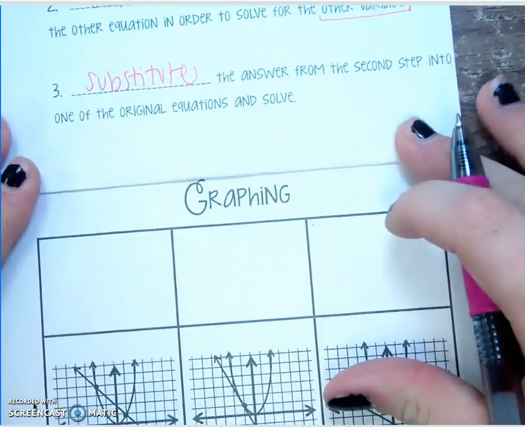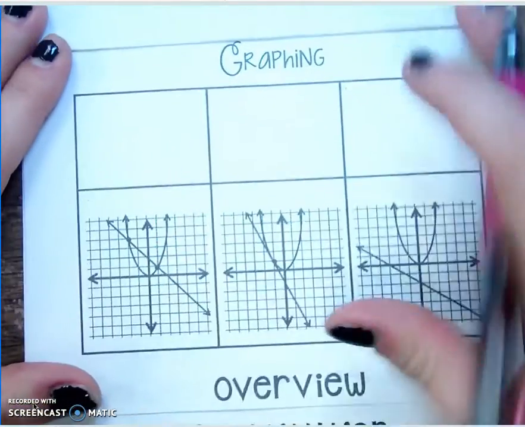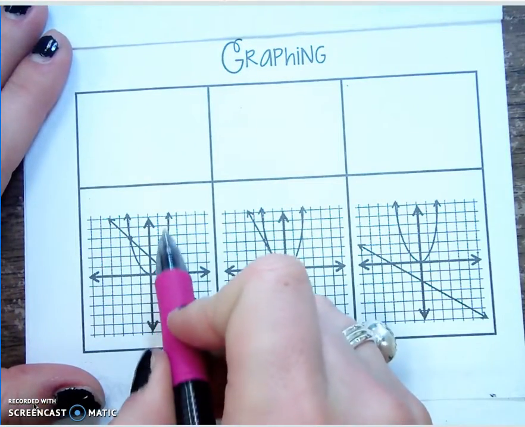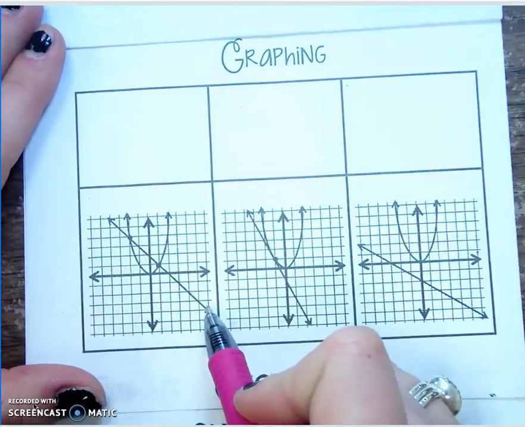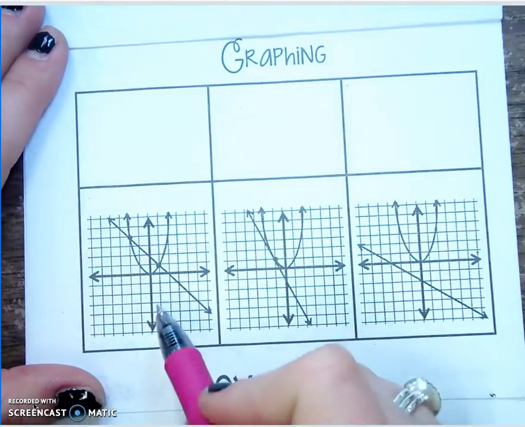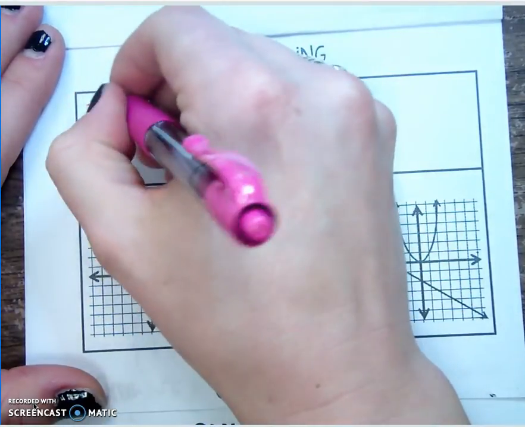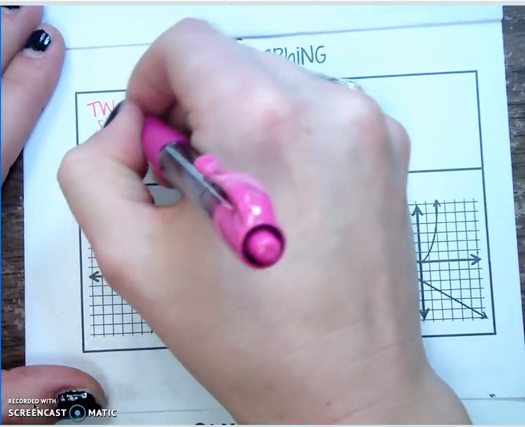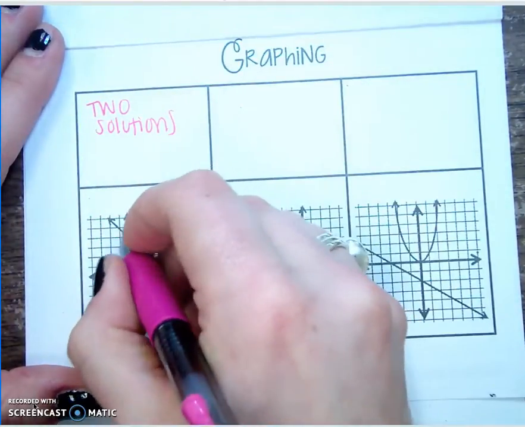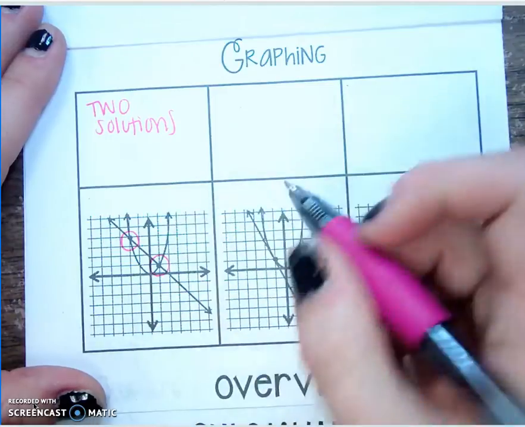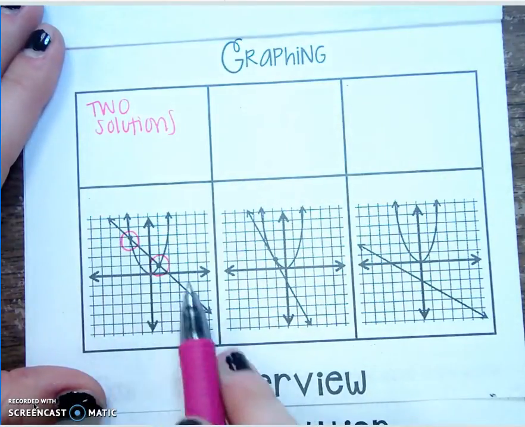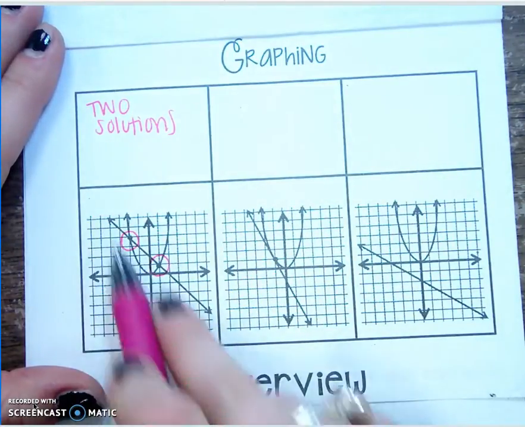All right, so graphing will look like this: here's our quadratic, there's our parabola, and our line. There's our linear and our quadratic. Here we have two solutions. Those are the intersection points where the line cuts through the parabola.